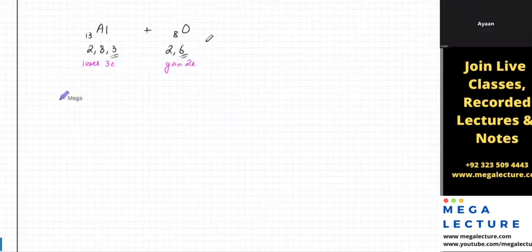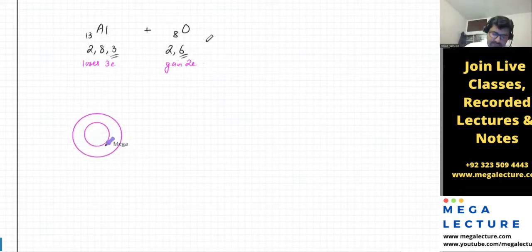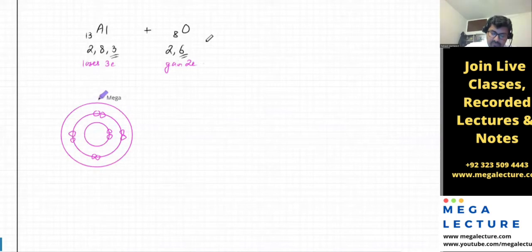So I'm going to draw aluminium first. I'm going to draw 3 shells. That's 2 electrons, 8, and then you have 3 electrons in the last shell. 2, 8, and 3, that's aluminium.